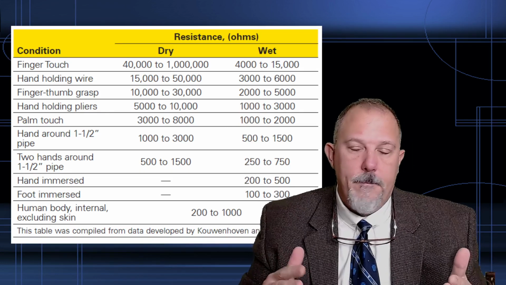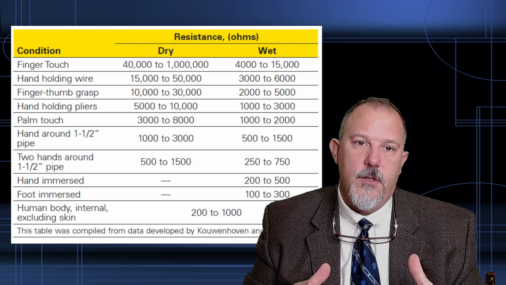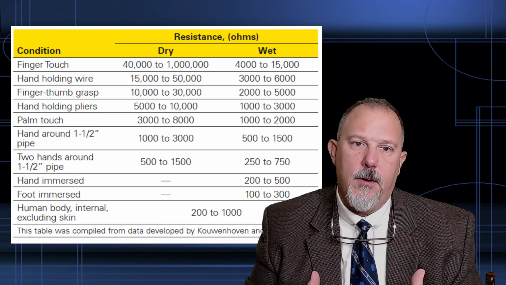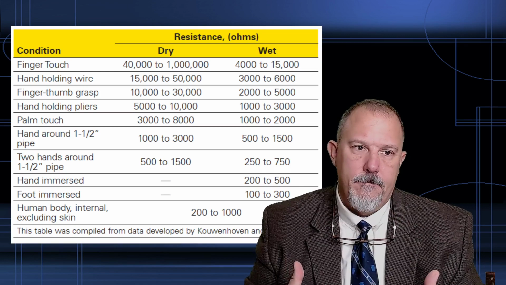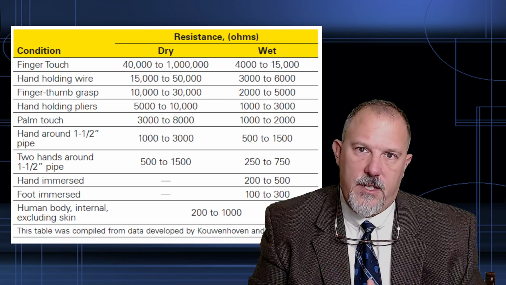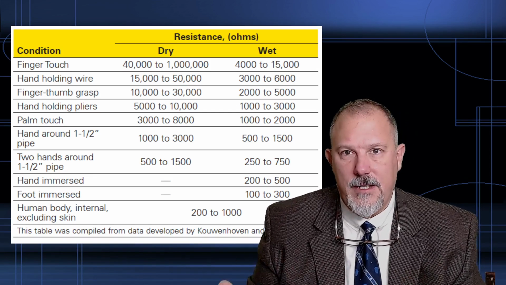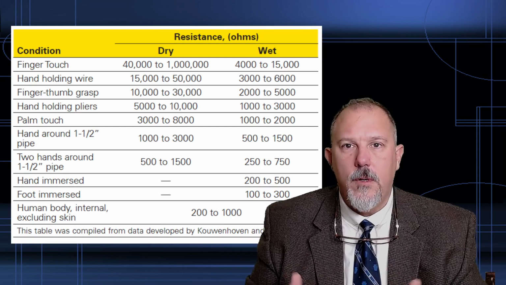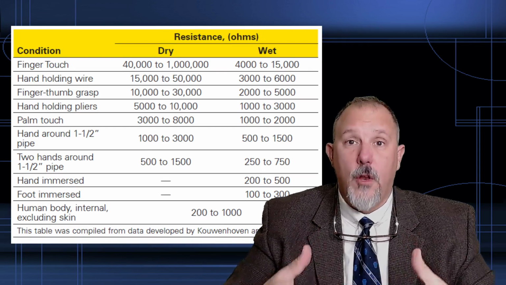But the main message here is that when you perspire, damp and moist skin lowers the resistance, because you've increased the conductivity. You've lowered the impedance of the circuit, and you've lowered the resistance.